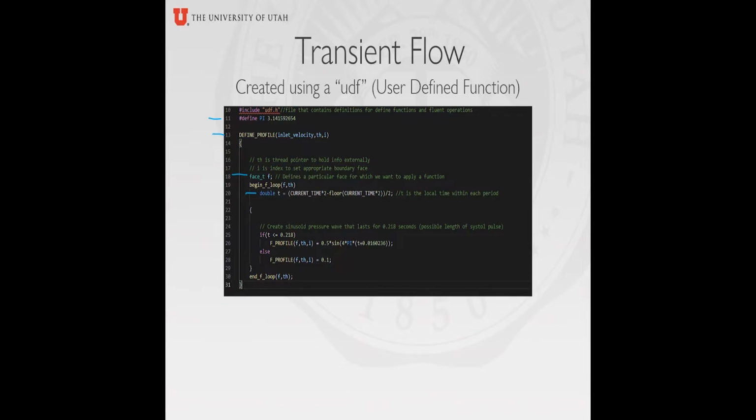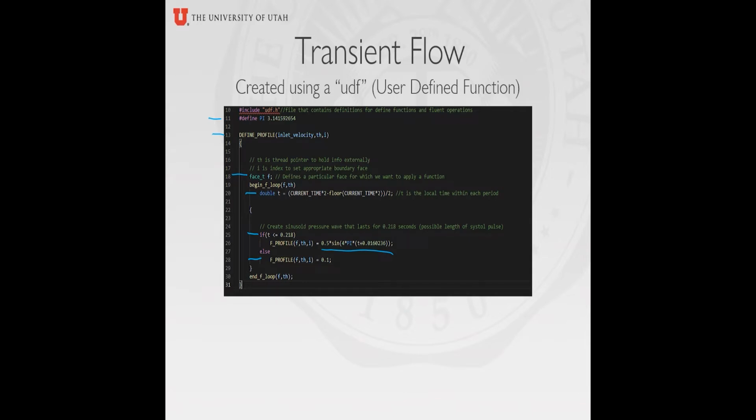This allows us to get a cyclical nature that will repeat this function no matter how long we choose to run the simulation for. And we have two regions that this function will operate in. First, for the first 0.218 seconds, so if time is less than or equal to 0.218, we give it a velocity that's modeled with a sinusoidal wave. And then past that point, we'll just give it a constant velocity of 0.1 meters a second.